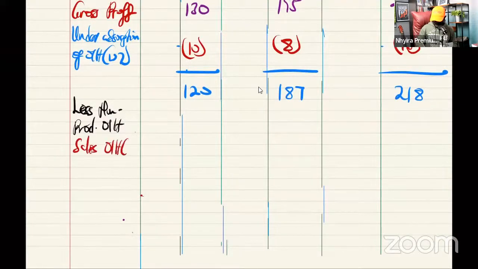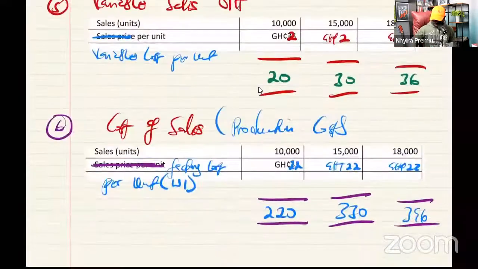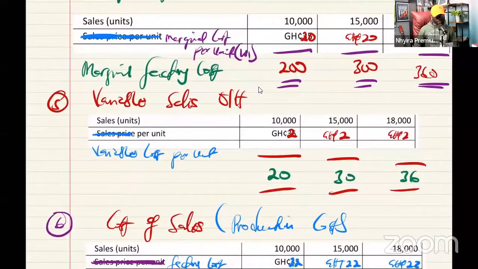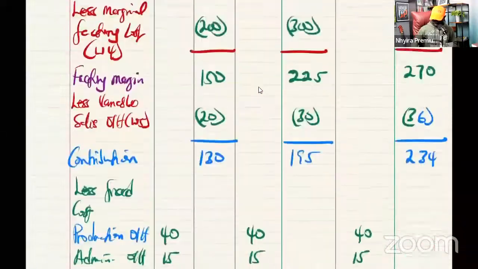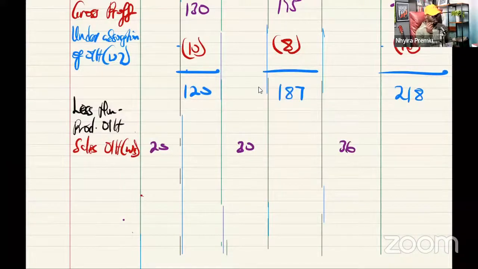So we're going to bring it up. Let's go pick it up from workings. The variable sales overheads from workings 5: 20, 30, 36. Because the same issue will come here, we're going to utilize it on the column.